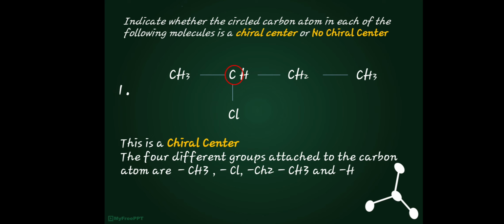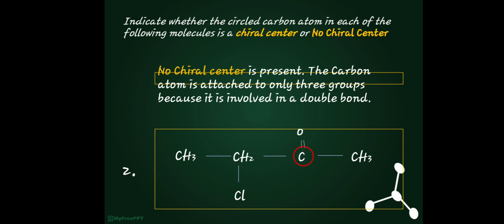So let's also answer for number 2. For number 2 naman, it has no chiral center kasi it's very understandable. Pagtingin mo pa lang sa structure, alam mo na agad that no chiral center. Bakit? Ano nga yung hindi kailangan sa chiral center? Double bond. So in this structural formula, no chiral center is present because the carbon atom is attached to only 3 groups.